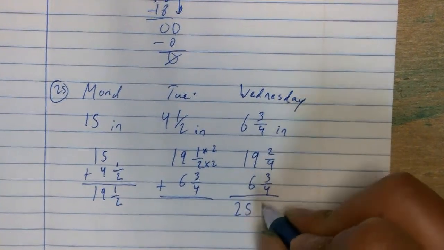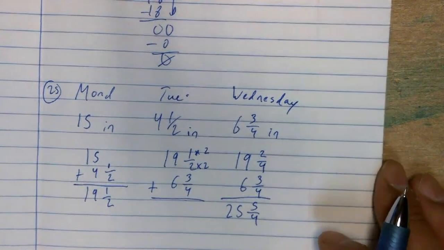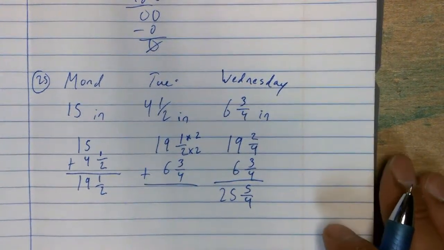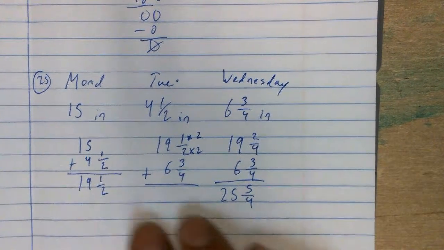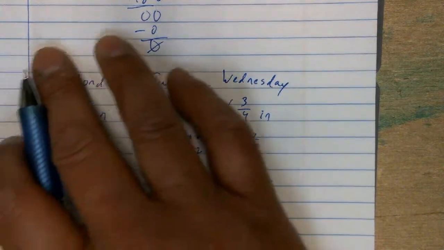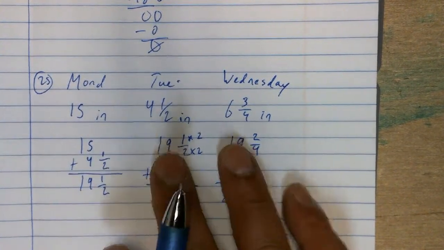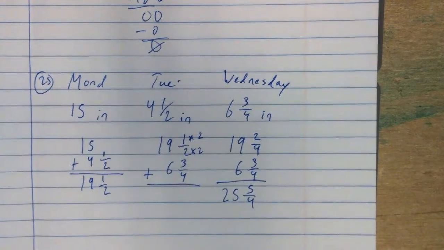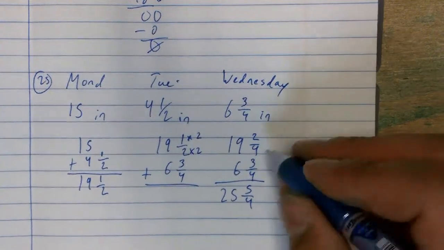You have 25 5/4. Now, do you see where this is a big mess? You know what? On the quiz, I will not give you a question like this. This is testing you on a lot of skills, like, for example, if you don't know how to add fractions, this is not going to be very helpful for you. It's okay. Let's just keep going with it. I think you guys can figure this out.